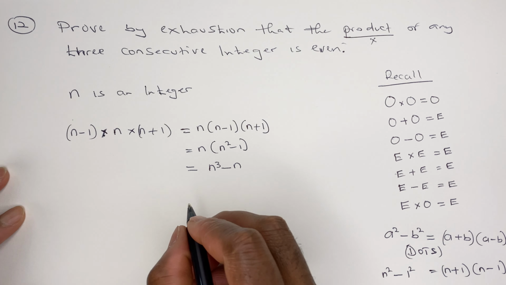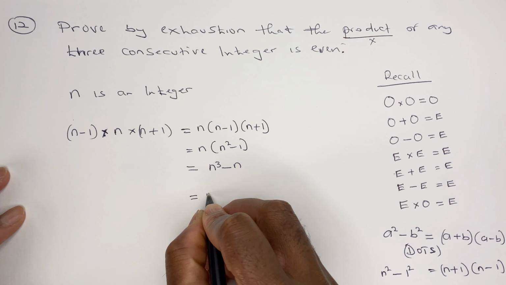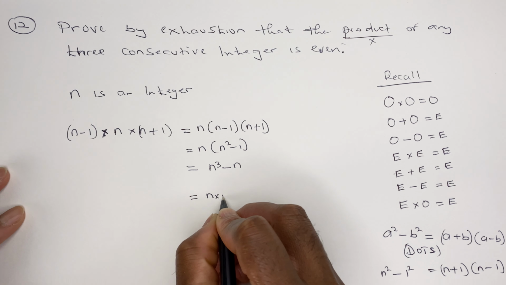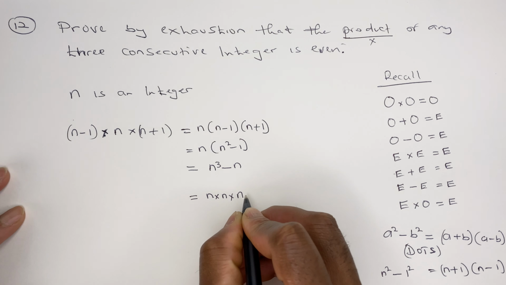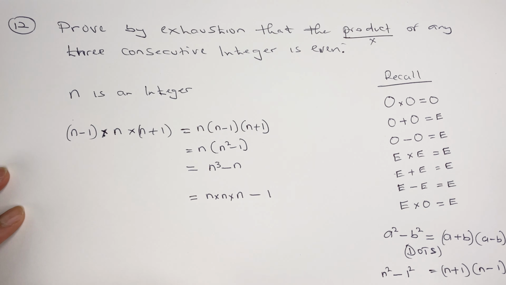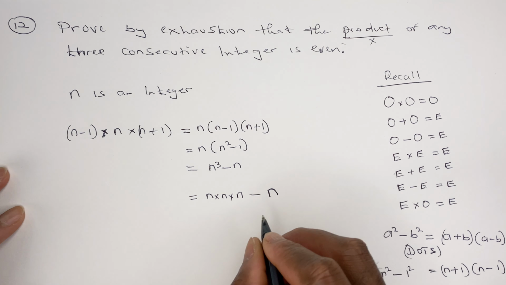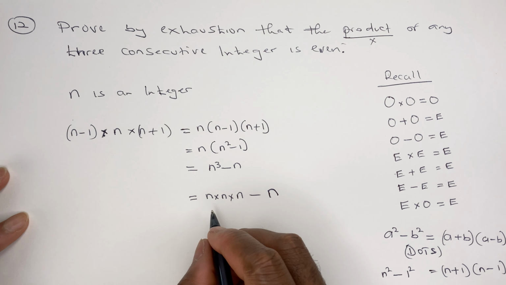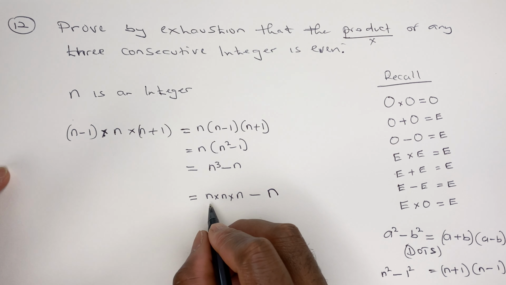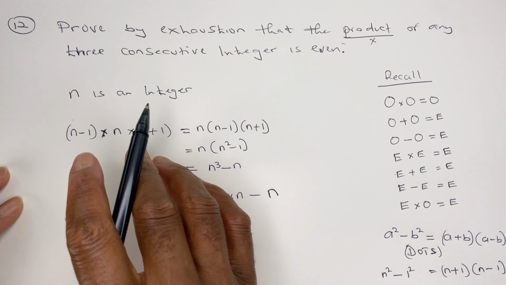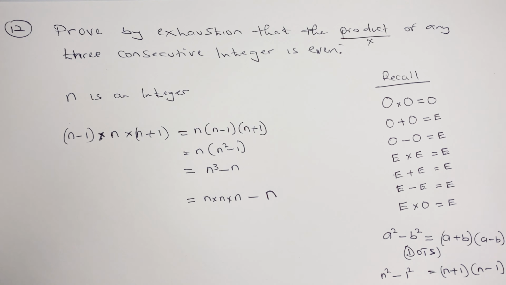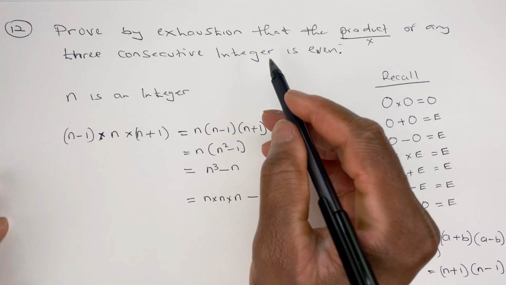Well, what we have here is n times n times n minus n. So this is the situation we have. Because n is an integer here, we have to do tests for this now. So 2 cases we can get, because we said integer.